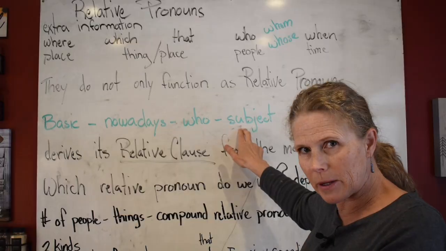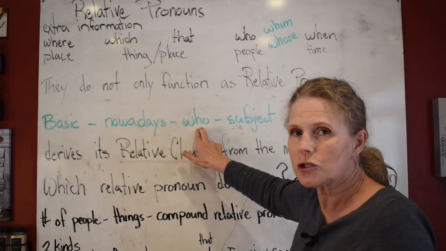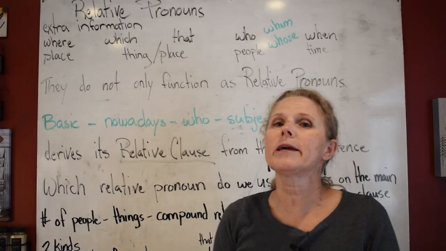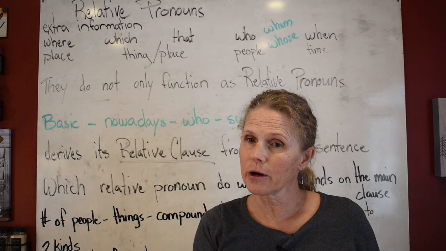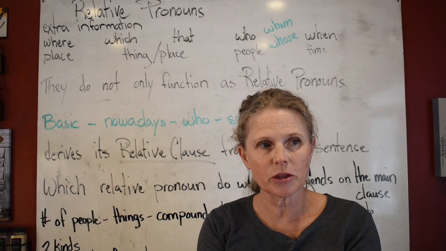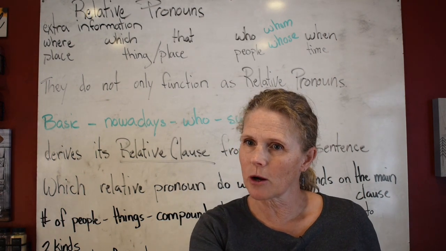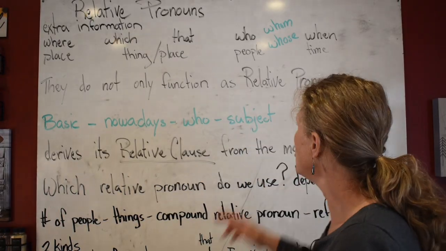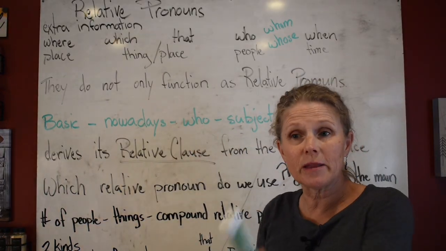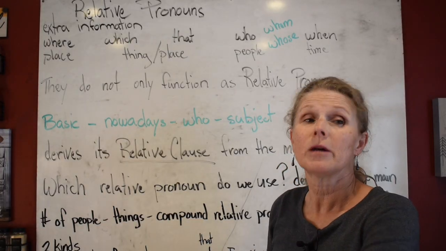But you need to remember that who should be the subject, or it can sit in other noun positions that are not object positions. What is the one that should be in the object position? Whom. Good.